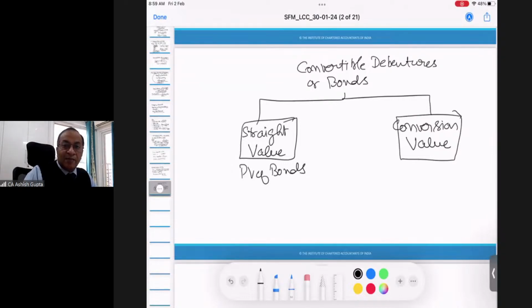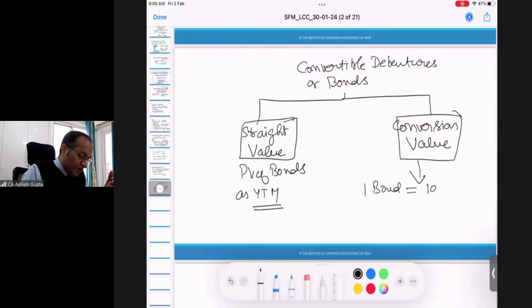We can say it is the price as per the YTM. It means even if I hold the debenture till its maturity, how much amount I will get. This is called straight value. On the other hand, conversion value means if as on date a bond can be converted into 10 equity shares.